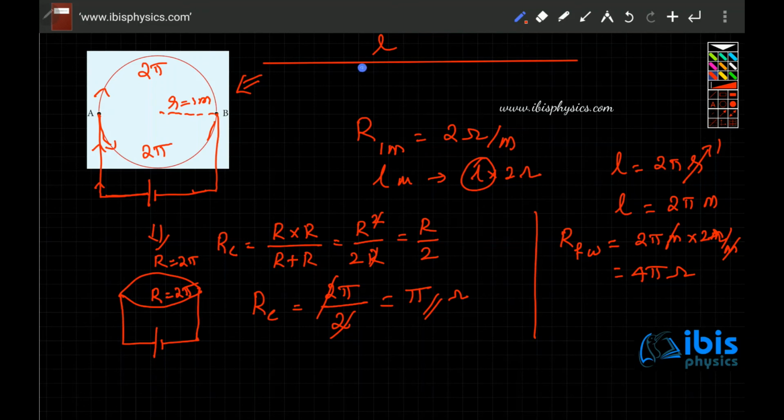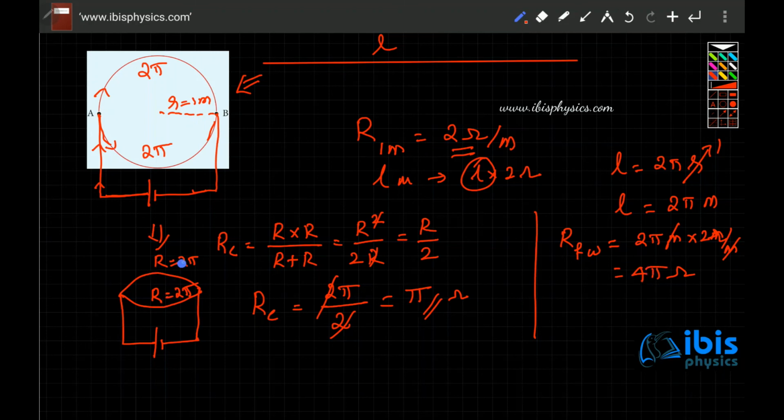When a wire of length L having resistance per unit length 2 ohm per meter is bent in the form of a circle, when you consider 2 points which are diametrically opposite, then those 2 sections of the wire are parallel to each other. Since the total length of the wire is 2 pi meter, the total resistance of the wire will be 4 pi ohms.